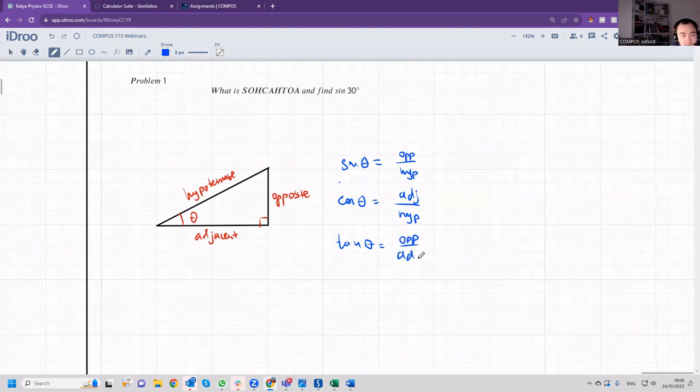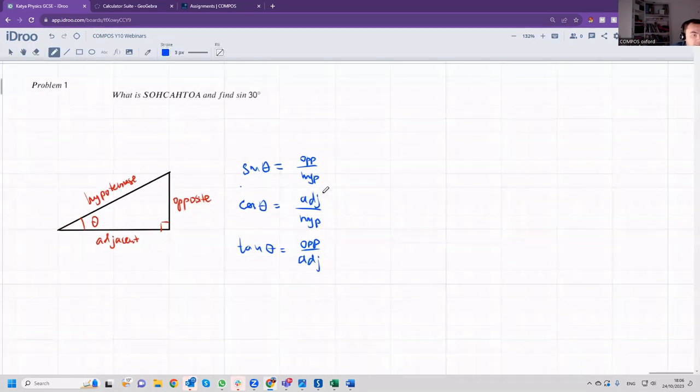And this is SOHCAHTOA. So sine is opposite over hypotenuse, cosine is adjacent over hypotenuse, and tangent is opposite over adjacent. This is what you study in school, so you should be fairly familiar with it.